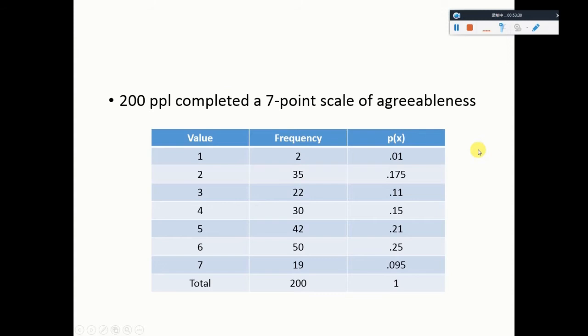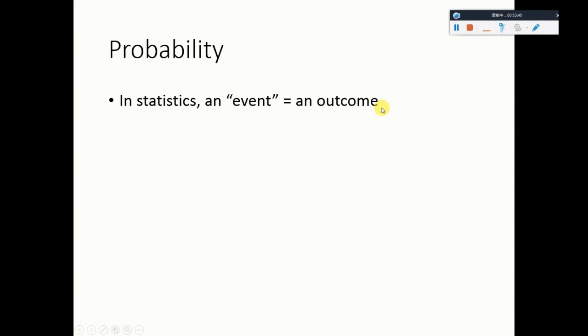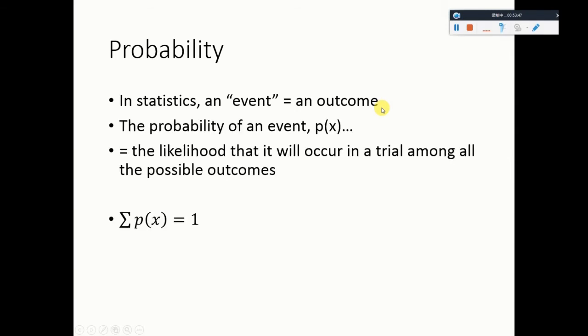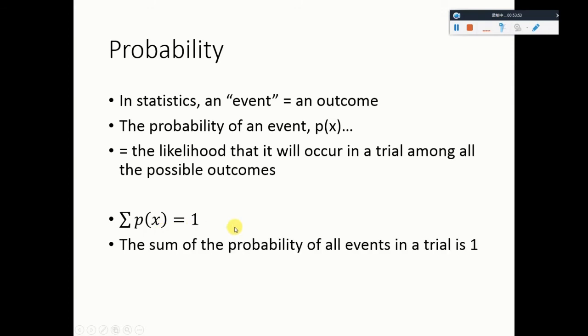So that's the meaning of 1 in the context of probability. With the sum of all the probabilities, we get 1. In other words, the probability of observing all possible events in a trial, throwing a dice however many times, will be 1.